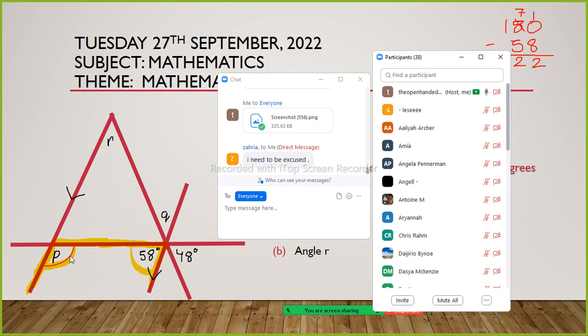We already know that 58 is here, and we have to figure out what P is, such that when we add them together, they give us 180 degrees. And so P is 122 degrees, because if you add 122 degrees to 58, you get 180 degrees. So P is 122 degrees. That's the first thing.